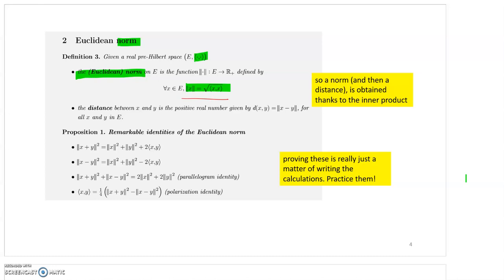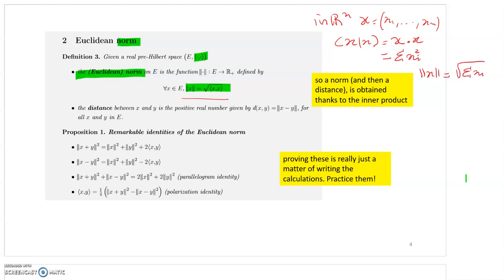So in Rn, if you've got x that is defined by its n components, you know that if we define the inner product as being the dot product of x with itself, it's going to be the sum of xi square, and so the norm of x is the square root of the sum of the xi square.